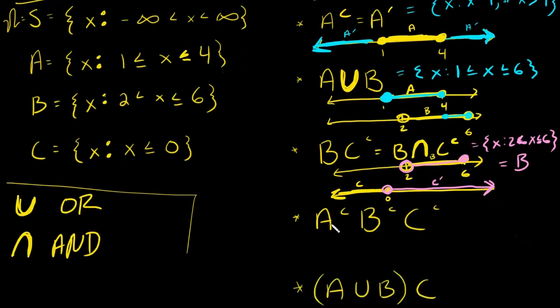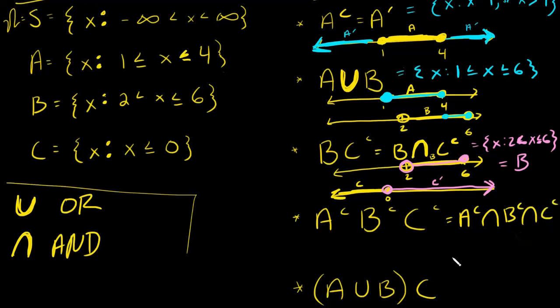A complement, B complement, C complement. So now I have 3 events, and I'm talking about the intersection between these 3 events. Even though it's not written, we assume that this means A complement intersection B complement intersection C complement.